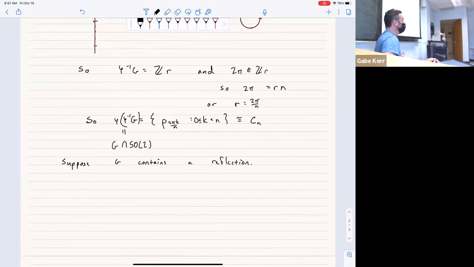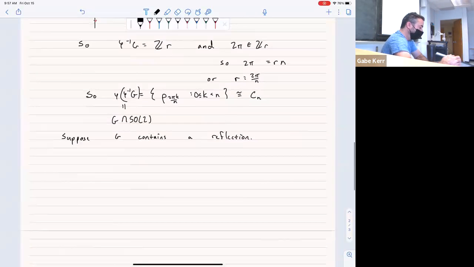Well, we can change coordinates for G. We could assume it contains a reflection about some line. G is just in O2; we haven't set a coordinate system. So we might as well just rotate our coordinates so that that line is the x-axis. So we can assume, after changing coordinates, which is just a conjugation, that this reflection is R naught.